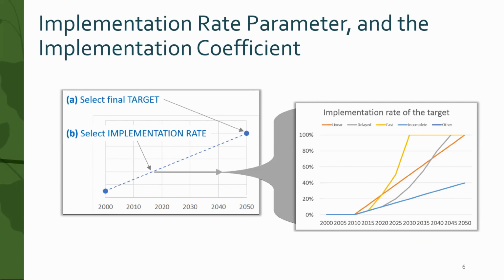The implementation rate parameter is used to translate targeted values for 2050 as targeted values for each time step between 2015 and 2050. The implementation coefficient is the share of the difference between the current situation and the 2050 target that is assumed to be achieved in each time step.